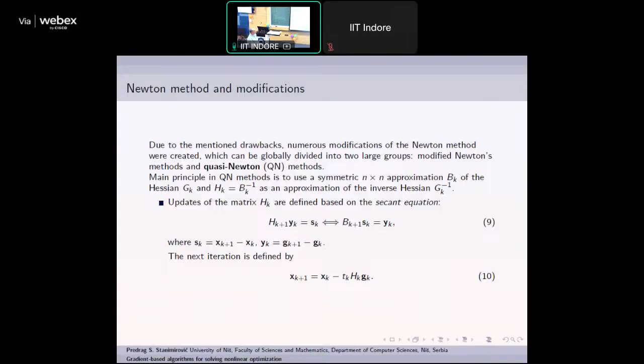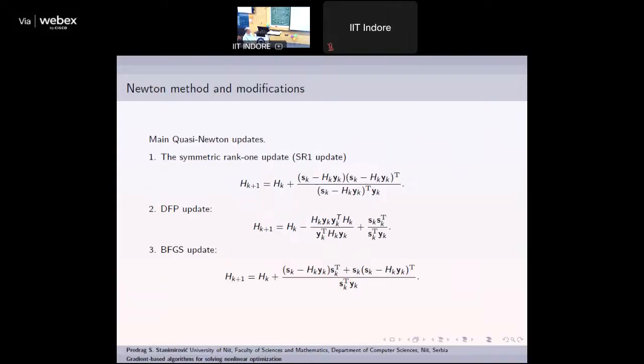If we use an approximation for B_k, later we must use the inverse. If we need an approximation of the inverse of the Hessian, we will use the first equation. We will need to solve such a linear system.